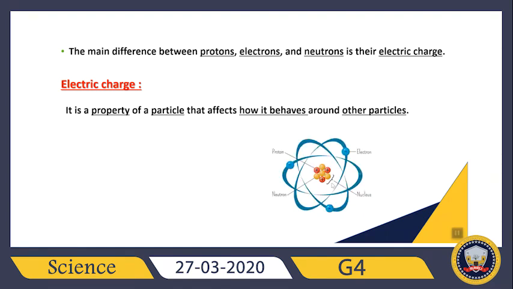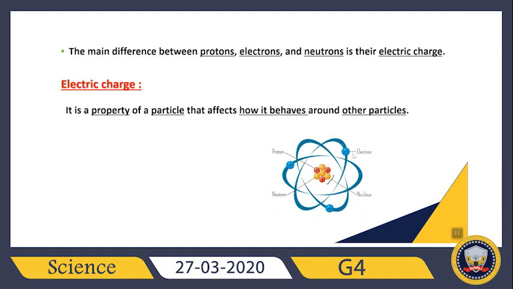For example, the protons and neutrons are together in a place called the nucleus, revolving in a special kind of behavior, while the electrons revolve in the empty space called the electron cloud.